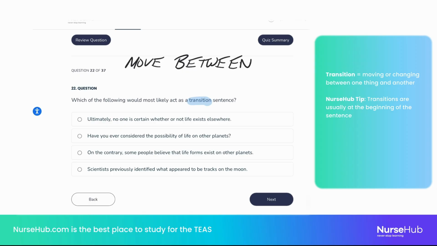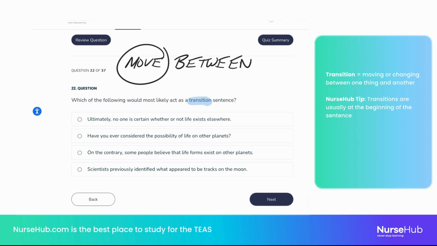So we're going to read these and we're looking for which one is making a move here. So ultimately, no one is certain whether or not life exists elsewhere. Have you considered the possibility of life on other planets? On the contrary, some people believe that life forms exist on other planets. And finally, scientists previously identified what appeared to be tracks on the moon.